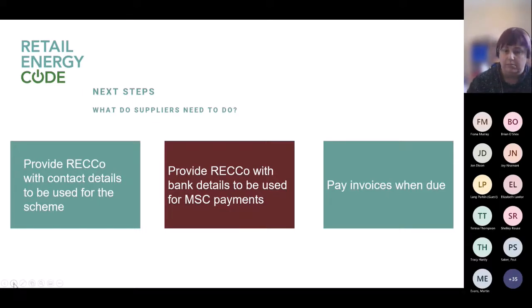And obviously when the invoices are produced and sent out, to pay when they're due. So what we are expecting is over the coming weeks, as part of our readiness and release activity, the code manager will reach out to request and obtain the relevant contact details in advance of 30th of June for the implementation date.